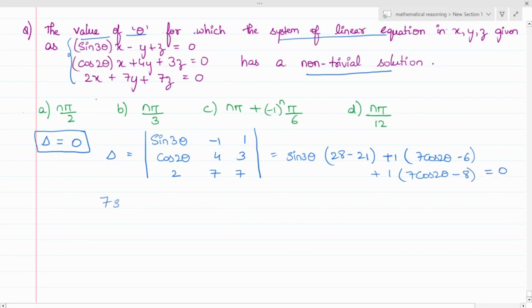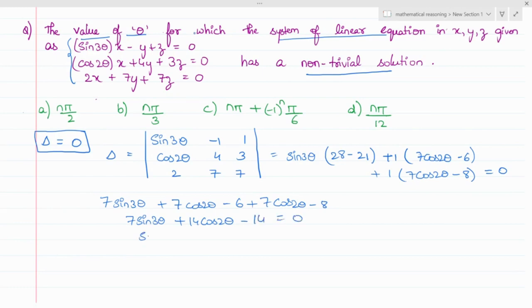So it becomes 7 sine 3 theta plus 7 cos 2 theta minus 6 plus 7 cos 2 theta minus 8. So it will be 7 sine 3 theta plus 14 cos 2 theta minus 14 equal to 0. You can take 7 common from this, so it becomes sine 3 theta plus 2 cos 2 theta minus 2.